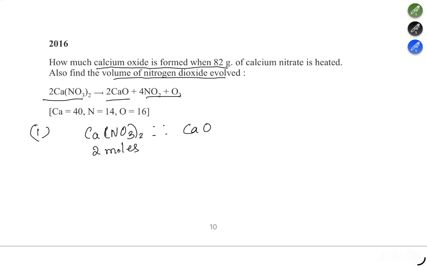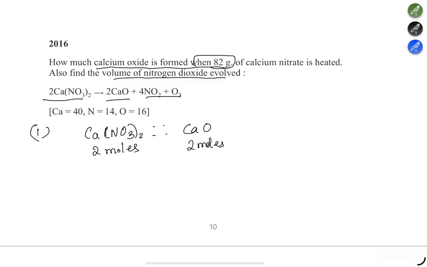You can see 2 moles of calcium nitrate produces 2 moles of calcium oxide. They are asking in the question that when 82 gram is heated, how many grams of calcium oxide will be formed. So we can convert these moles into mass, and then find out in 82 gram how much mass of calcium oxide will be formed.